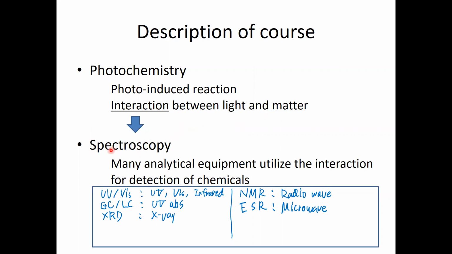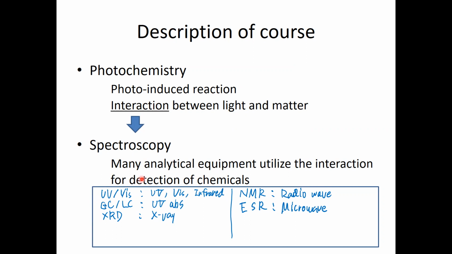And in spectroscopy, material information is obtained by the interaction between light and material, and many analytical equipment actually use this interaction for detection of chemicals. Here are some examples.